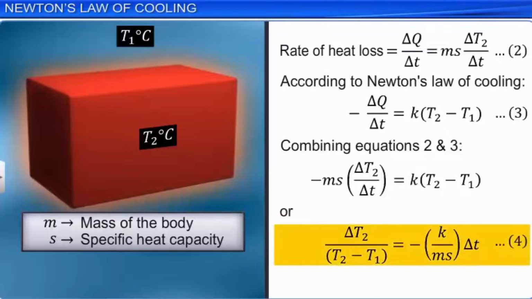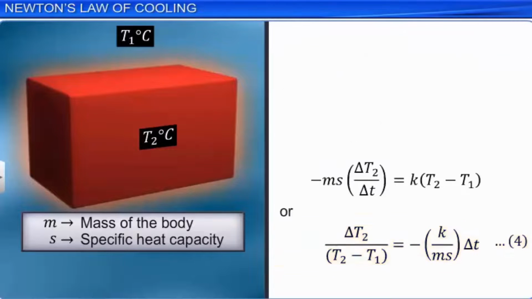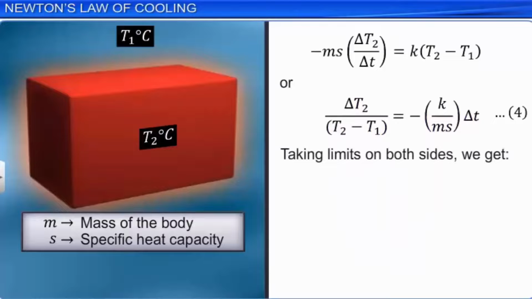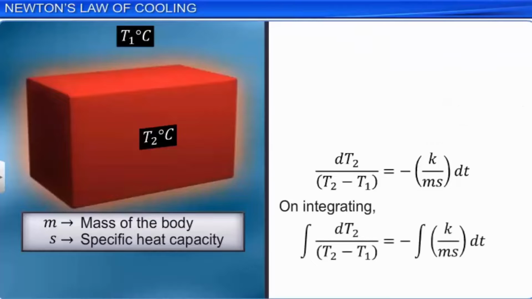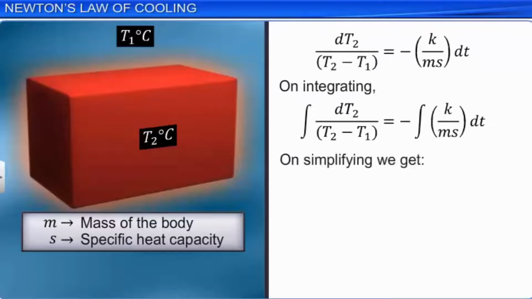Taking limits on both sides, we get dT2 by T2 minus T1 is equal to minus K by m s into dt. On integrating this expression on both sides and simplifying, we get log to the base e of T2 minus T1 is equal to minus K by m s into t plus C. Let this be equation 5.